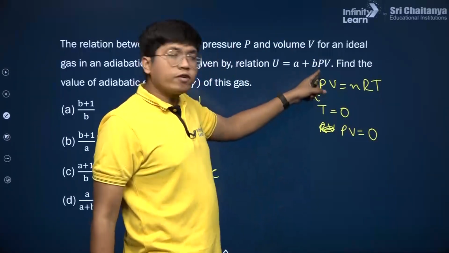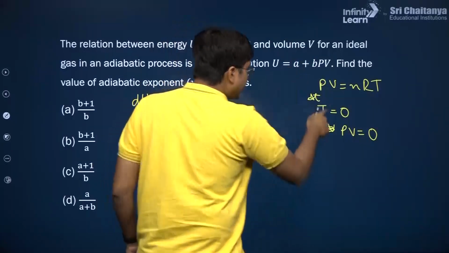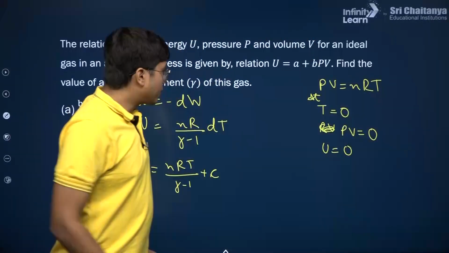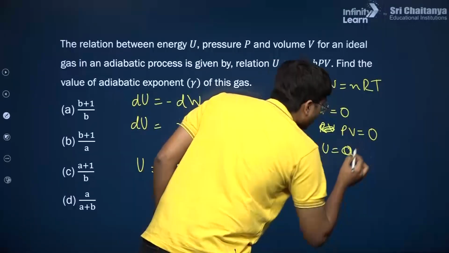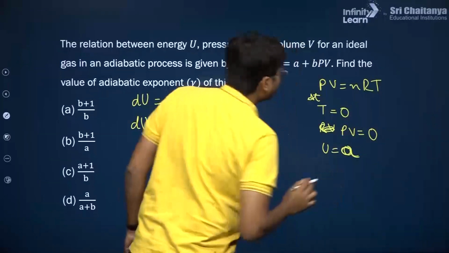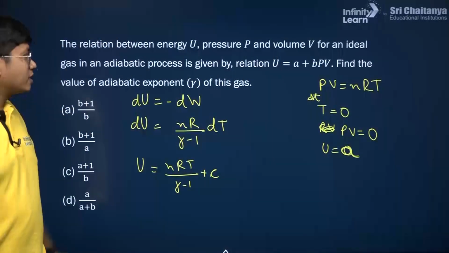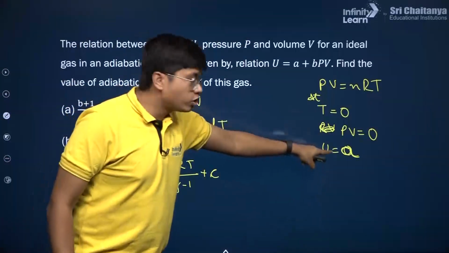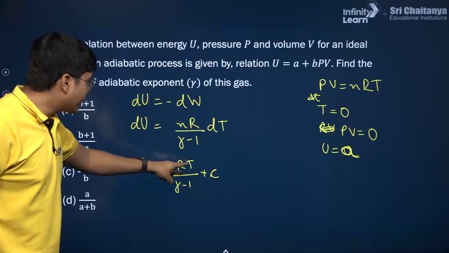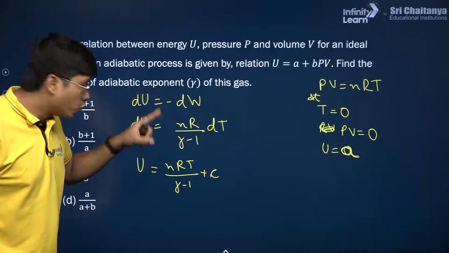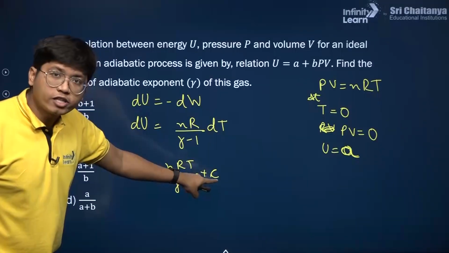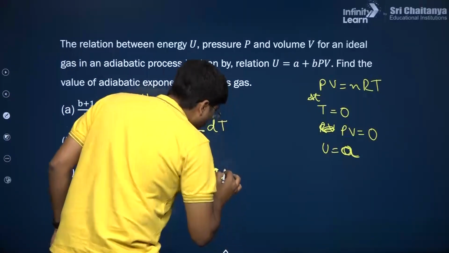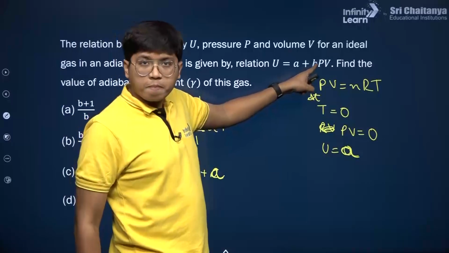And if you put PV equal to 0 here, you see that at T equal to 0, U is equal to A. Sorry, my bad, I'm making tiny mistakes here. Never mind. So at T equal to 0, U is A, and you will get that this constant of integration is actually equal to A, this exact A over here.